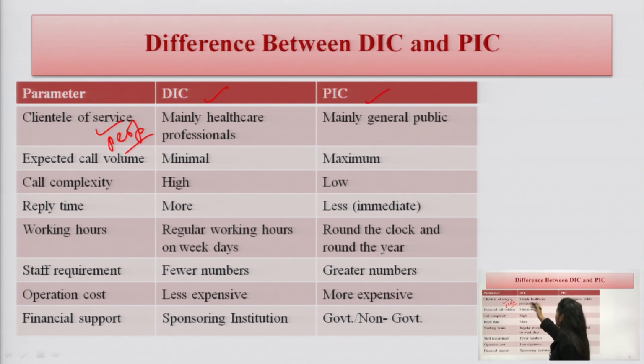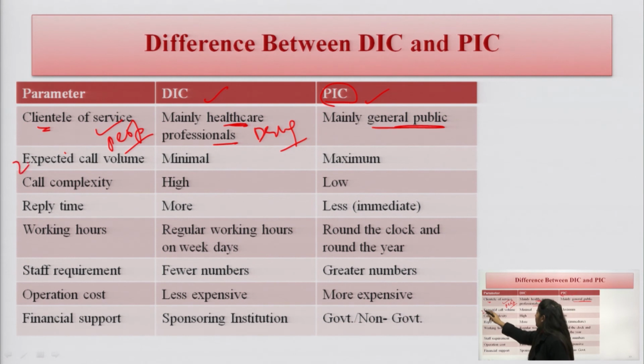For the DIC, mainly healthcare professionals are asking. They have queries related to the drugs, as they are prescribing, administering or dispensing in the hospital. For the PIC, mainly the general public are asking the questions. So this is a basic difference between these centers when we talk about the clientele of the service.